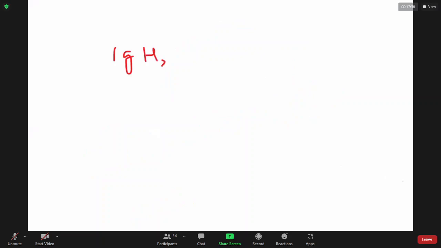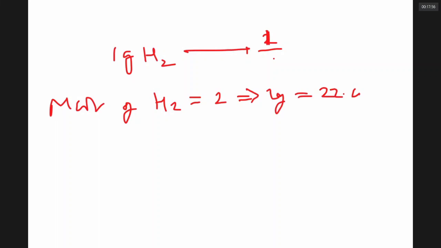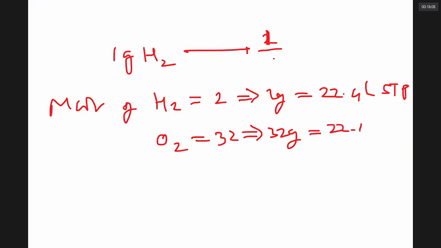Whenever you are saying 1 gram of hydrogen at STP, the molecular weight of hydrogen is 2. Do you remember that? It implies that 2 grams occupy 22.4 liters at STP, because 1 mole of any gas occupies 22.4 liters. For example, the molecular weight of oxygen is 32. It implies 32 grams of oxygen occupy 22.4 liters.